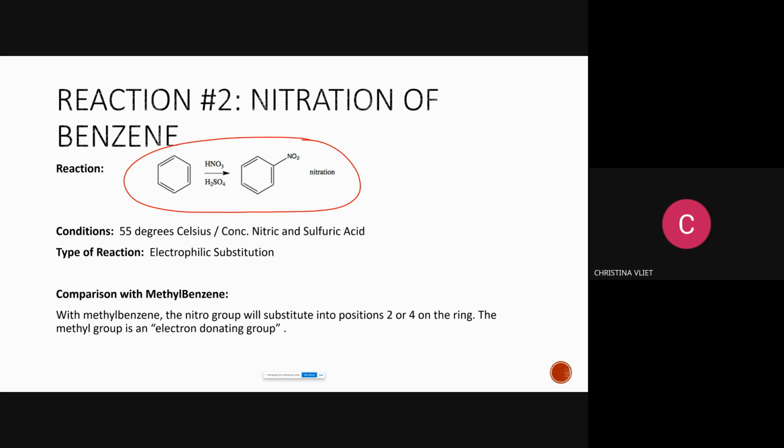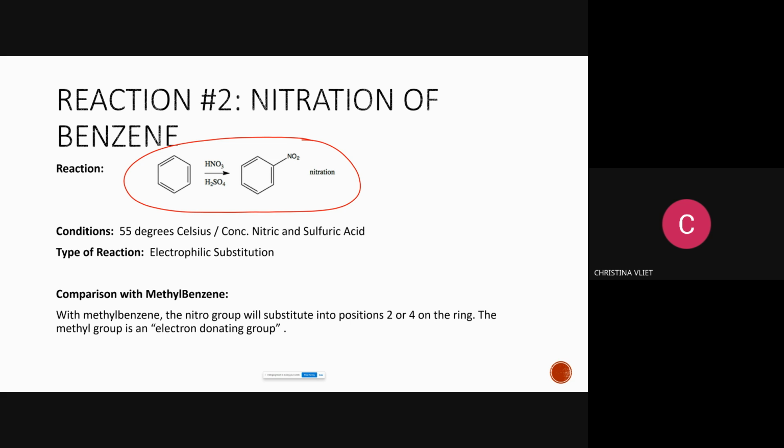If you think about the conditions, this is actually wild. What you need in order to make this happen is a mixture of concentrated nitric acid, concentrated sulfuric acid, and 55 degrees Celsius, which is like 140, 150 degrees Fahrenheit. So hot, concentrated, very dangerous acids.